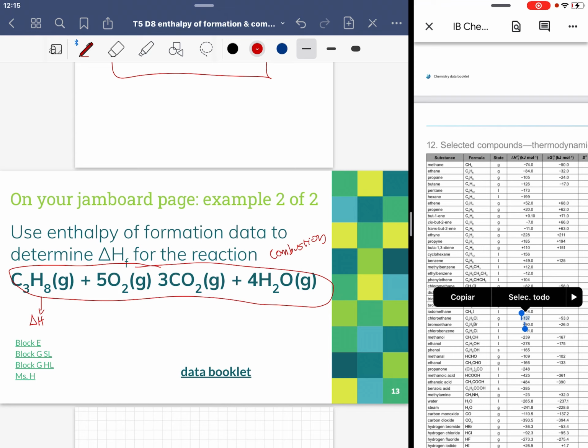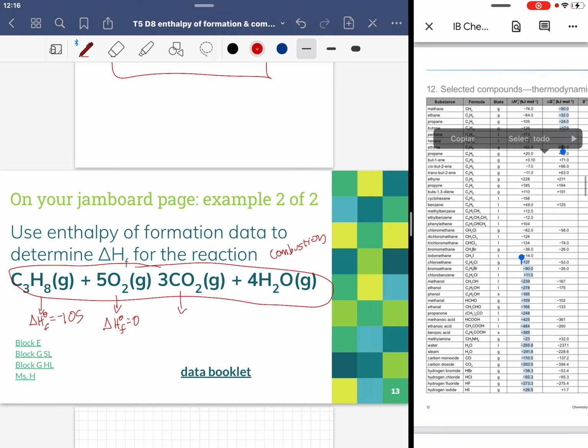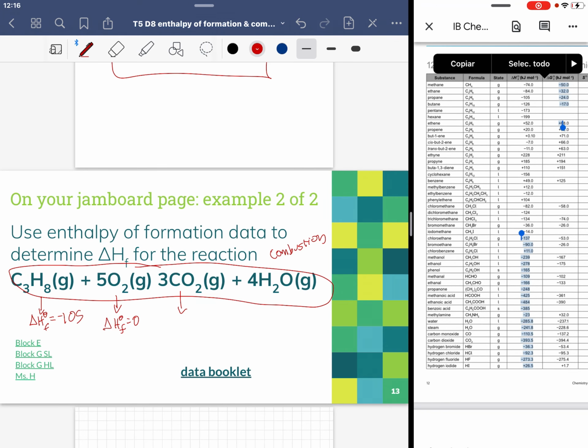C3H8, propane, negative 105. Delta H of formation here is 0 because elemental oxygen. CO2, right here, carbon dioxide, negative 393.5.